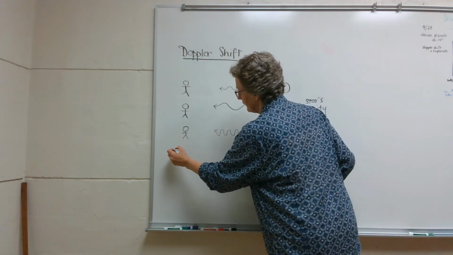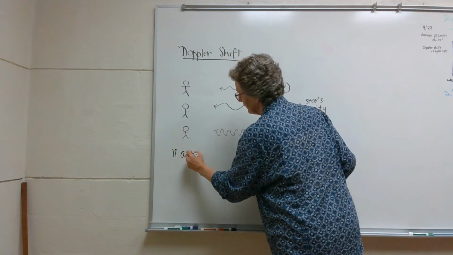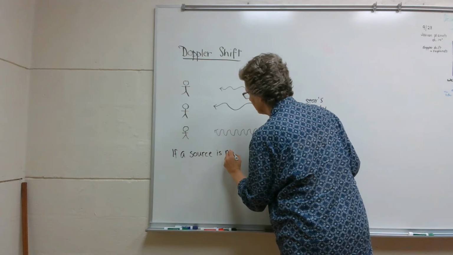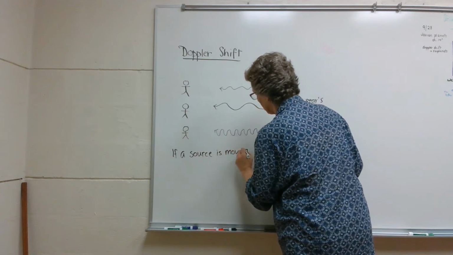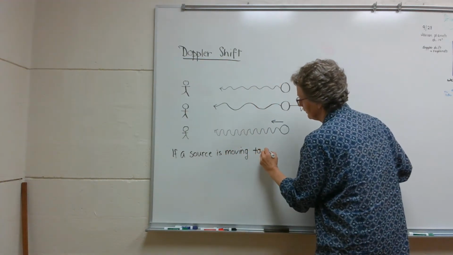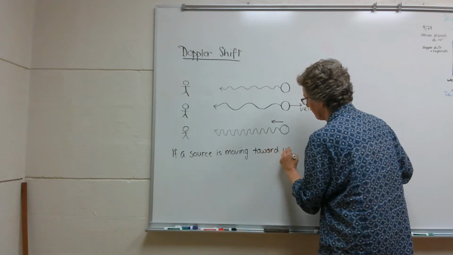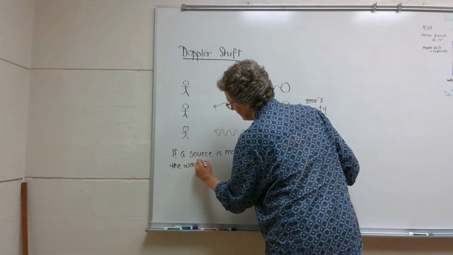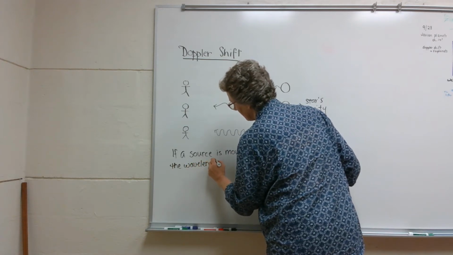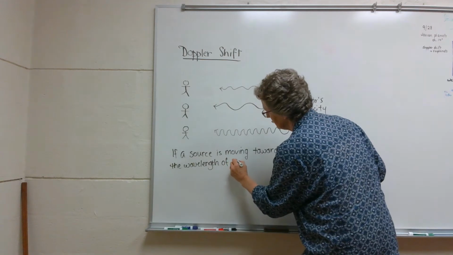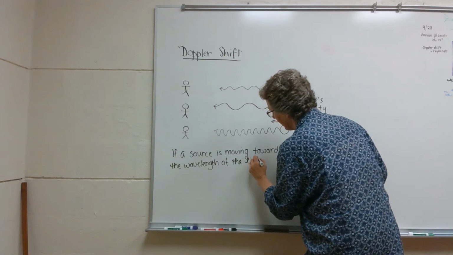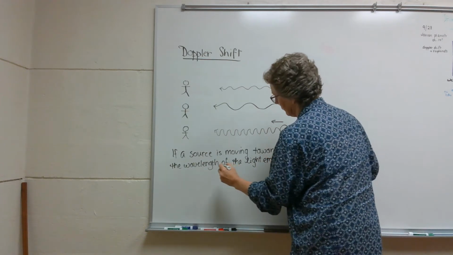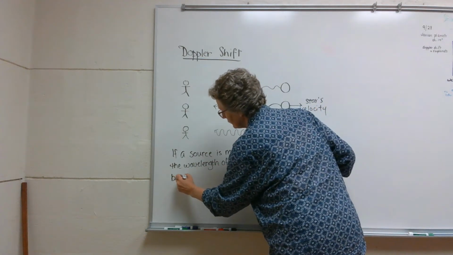So what we find is that if a source is moving toward us, the wavelength of the light emitted becomes shorter.